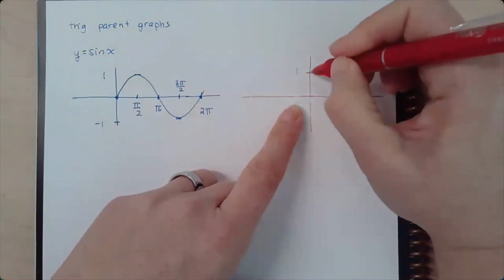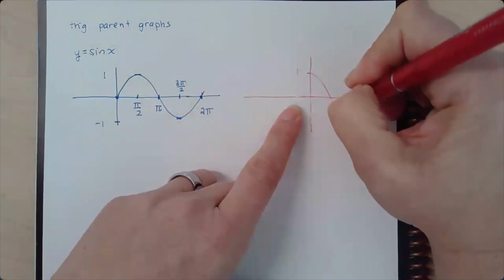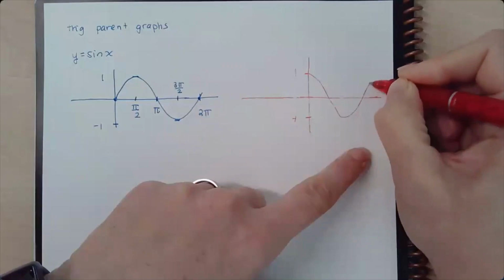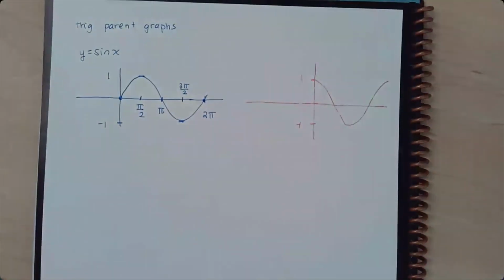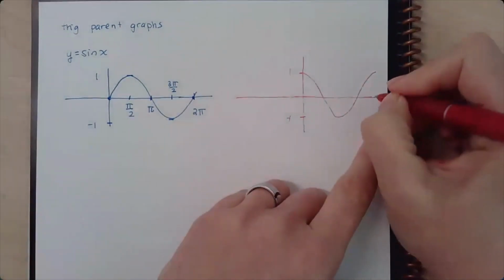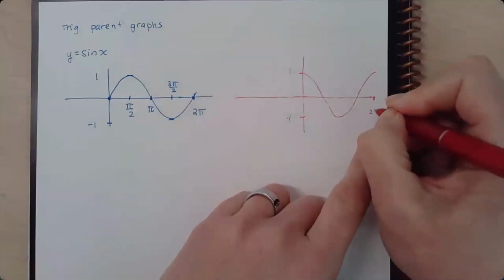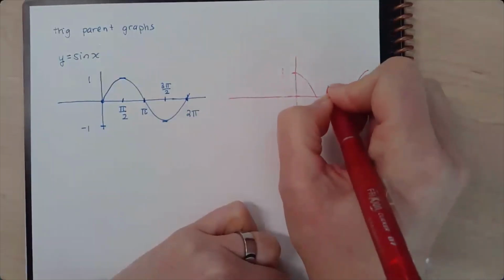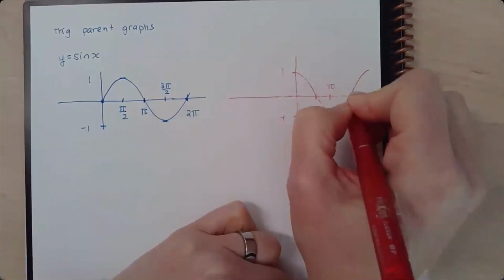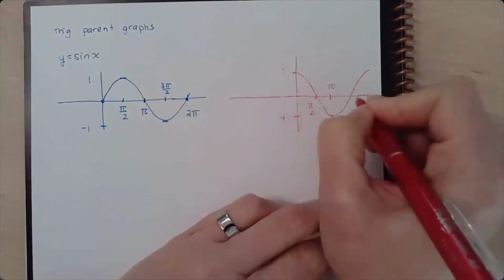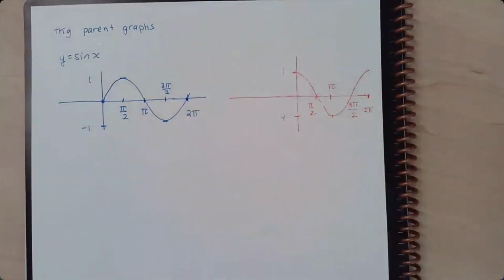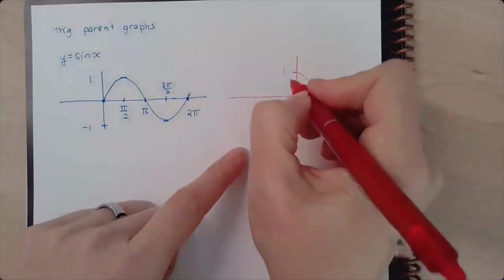Starts up here at 1, dives down to -1, and comes back up to 1. And just like sine, we say it finishes one period at 2 pi. So it's at that lowest point at pi, and then it crosses at pi over 2 and 3 pi over 2.